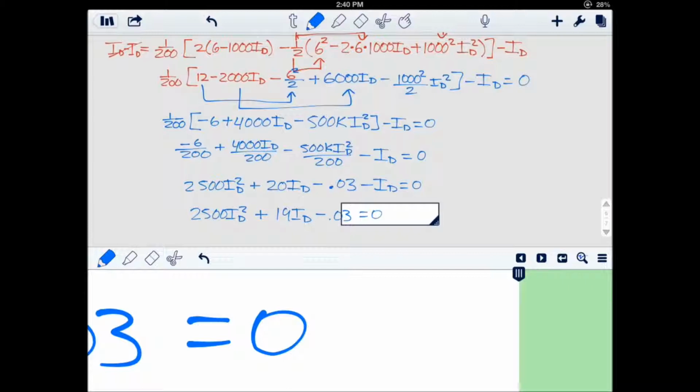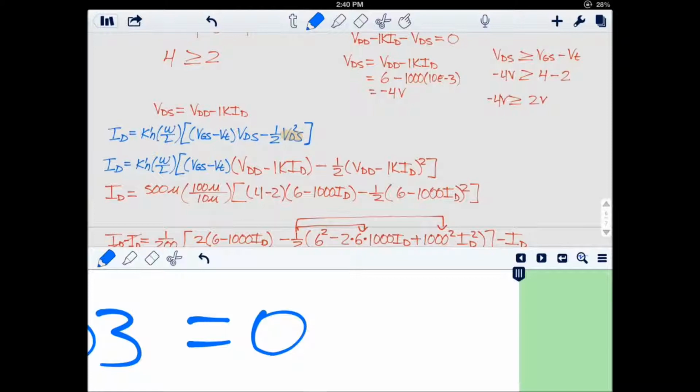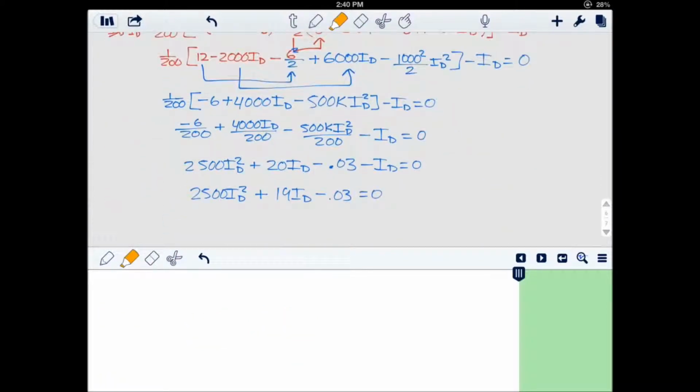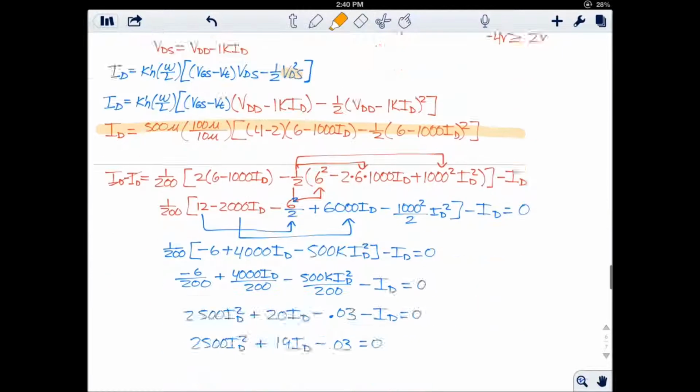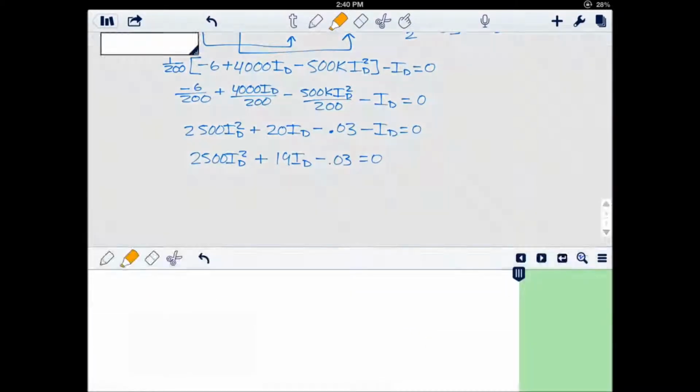I have one here, a Texas Instruments TI-89 Titanium, that you can insert this equation into, and it gives you the two results because it's a polynomial.